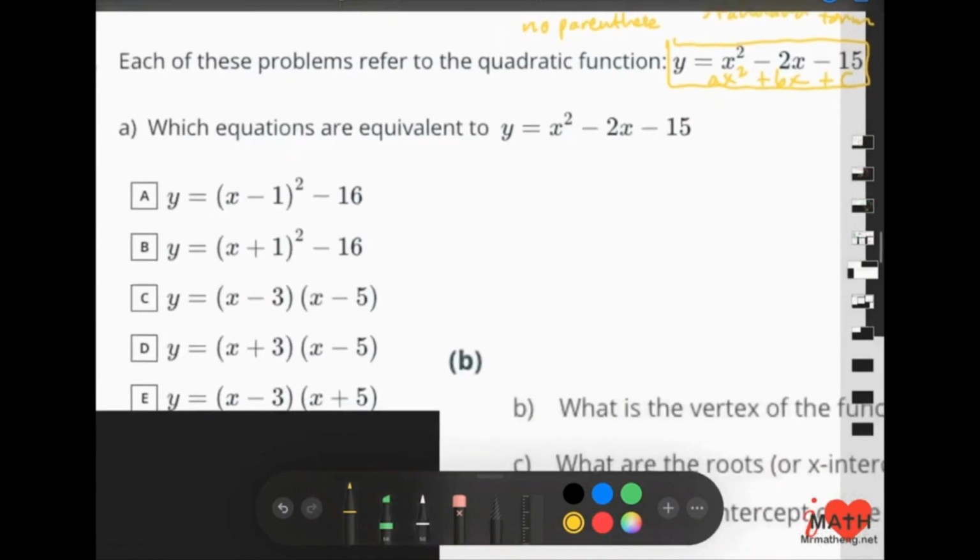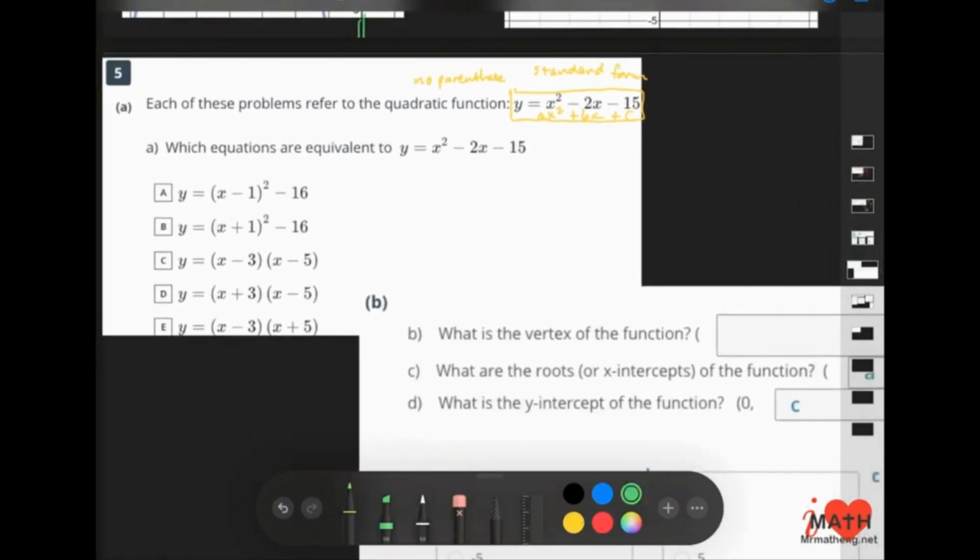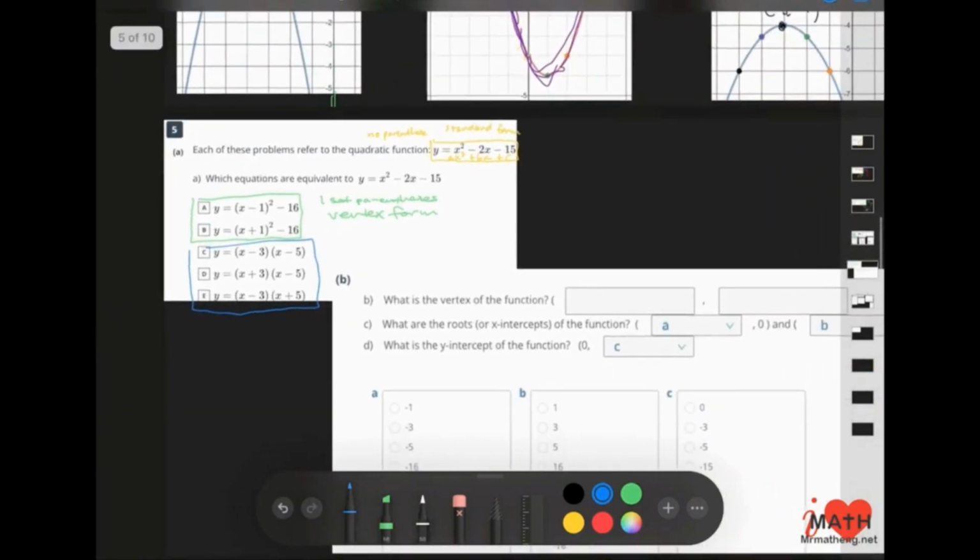Okay, let's look over here now. What do you notice about choices A and B? In green, these are one set of parentheses, one set of parentheses. What form is that? That is vertex form. And that means this leftover one here is factored form.